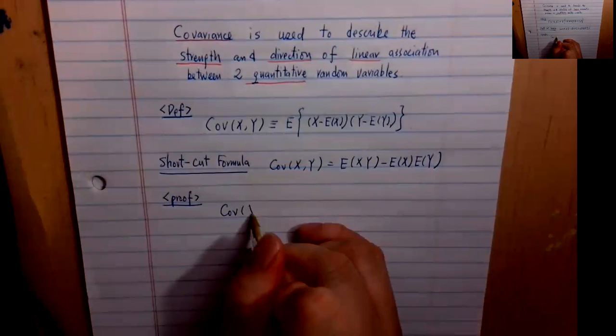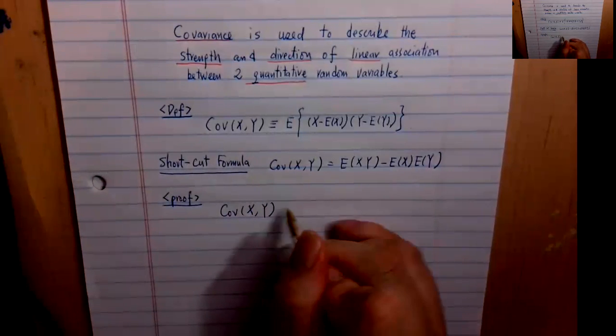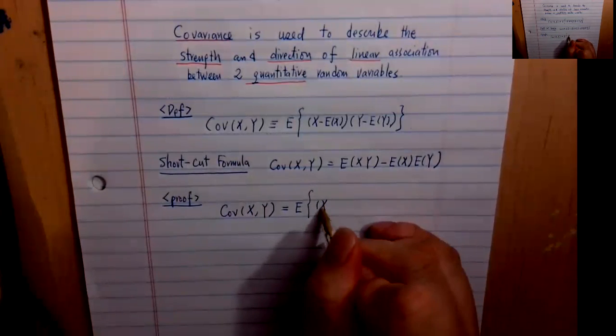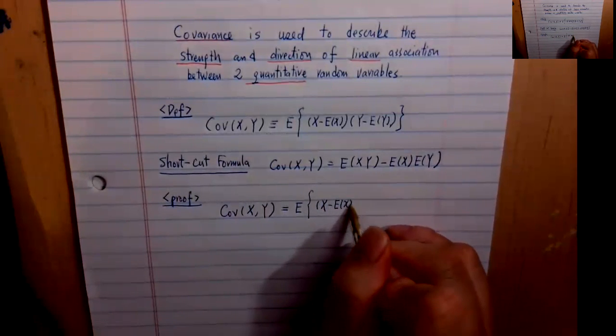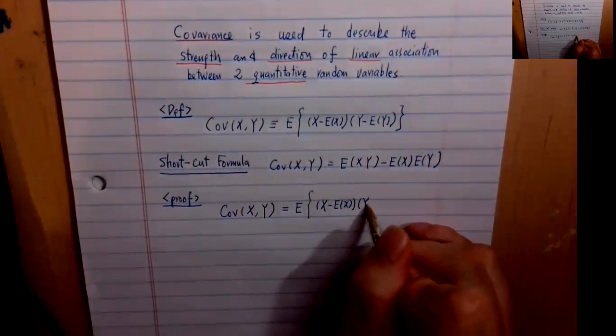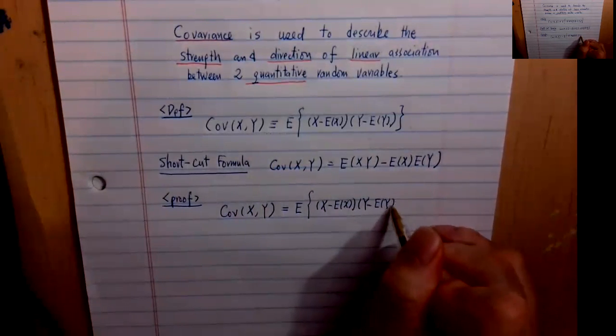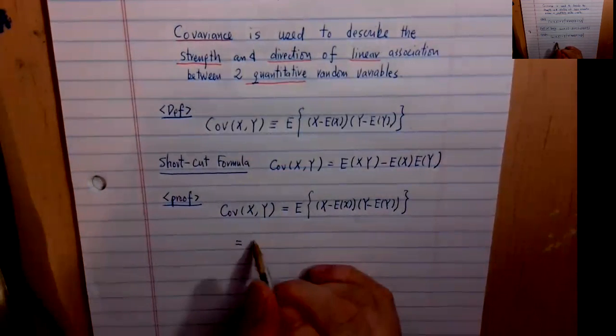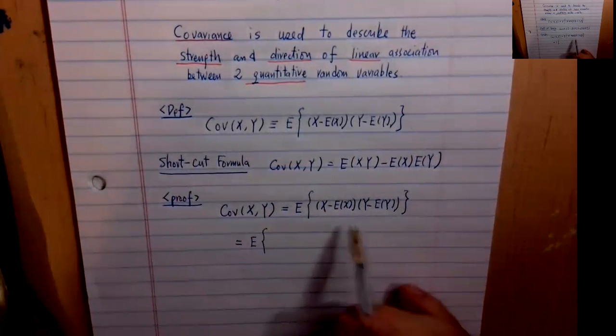Covariance XY is defined to be the expected value of X minus EX times Y minus EY. Okay, then let's expand it.